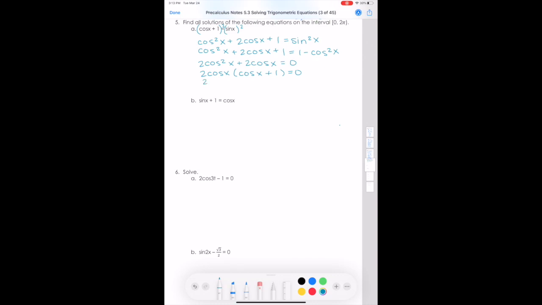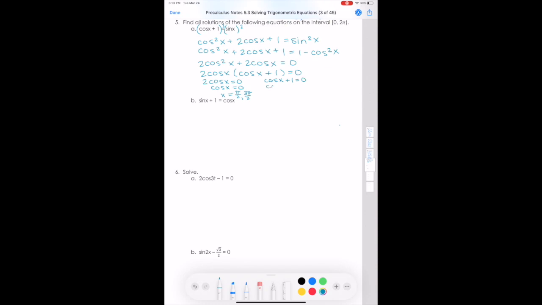Setting the two factors separately equal to 0, I find that x equals pi over 2 and 3 pi over 2. You'll need your unit circle again.